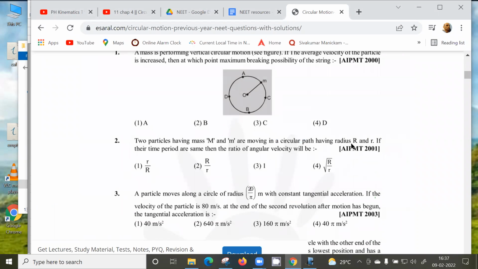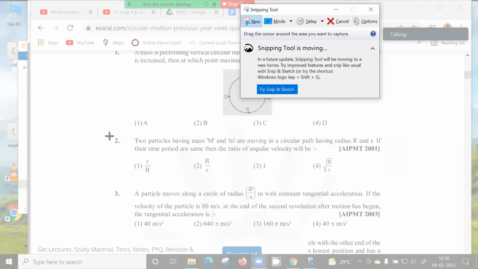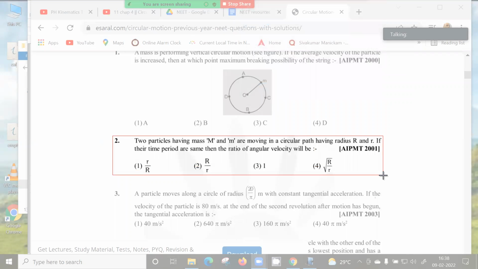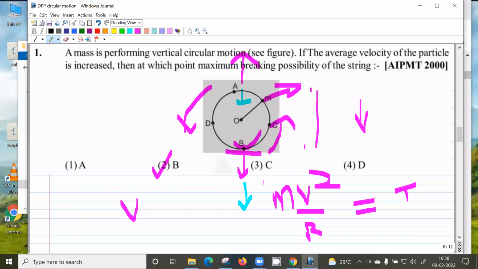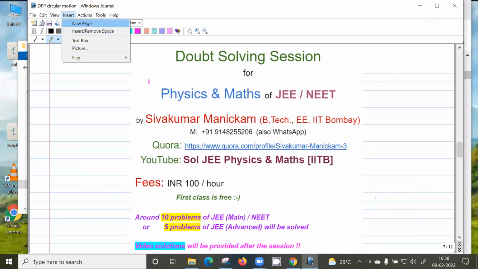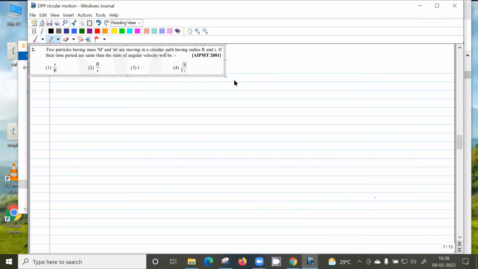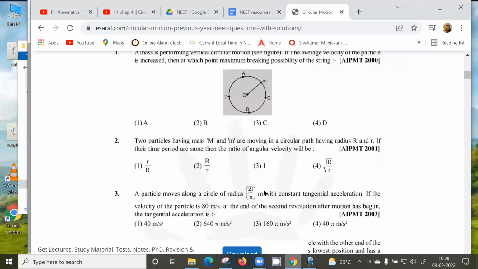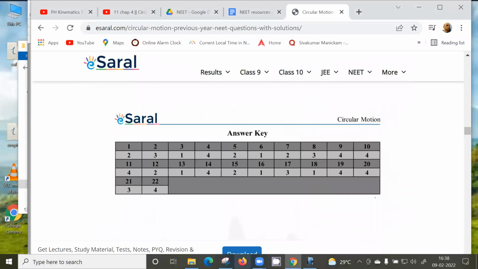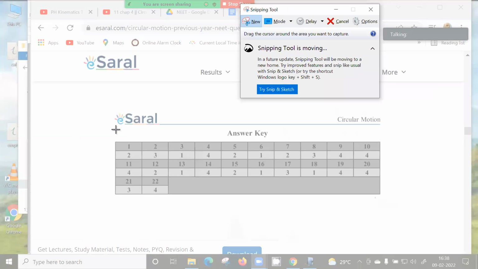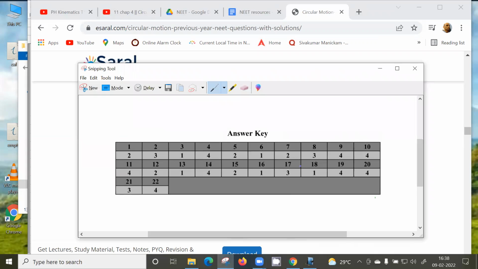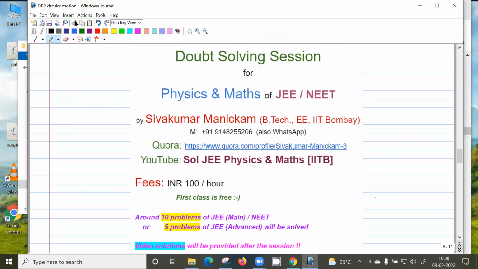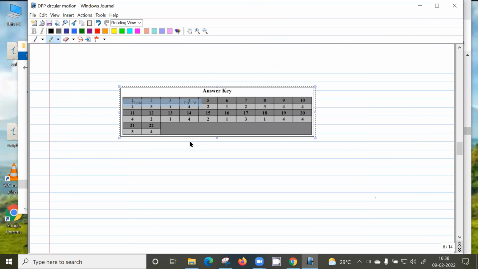Okay. Two particles of mass m moving in circular paths. This is also a simple question. Got the answer?